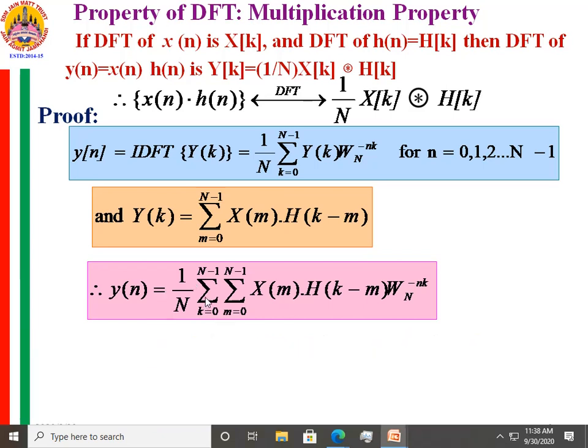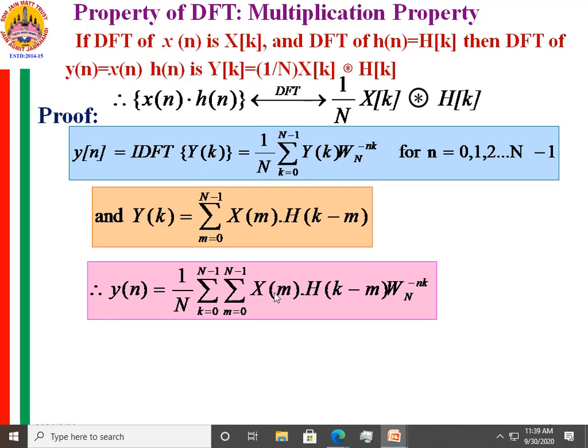See here, this equation is y(n) equal to 1 by capital N summation k from 0 to N minus 1 and then summation m from 0 to N minus 1 x(m) into h of (k minus m) W raised to minus nk N. Now we obtained this equation by just replacing this Y(k) with the summation expression. Now you observe here that this x(m) is a variable of only m and is not a variable of k.